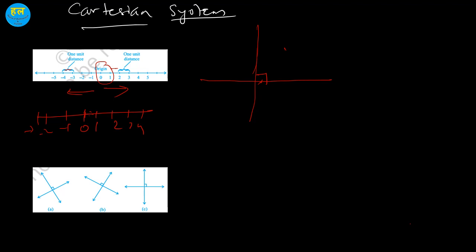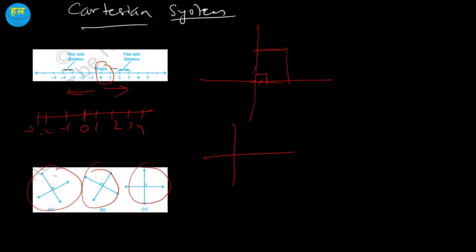This point will be somewhere on the horizontal line, we can locate it here, and somewhere on the vertical line we can locate it here. So it will be very easy for us. We can take these lines in any direction, but usually we take them perpendicular to each other, vertically and horizontally.